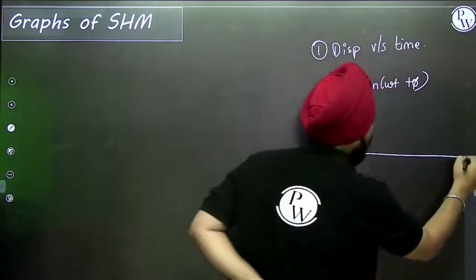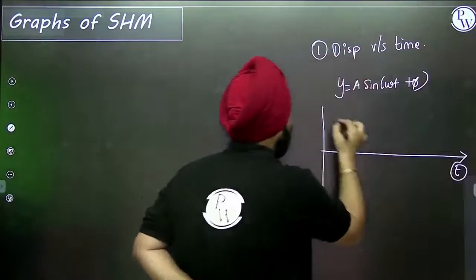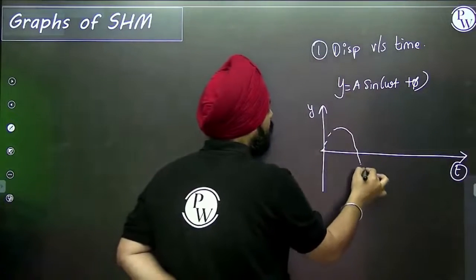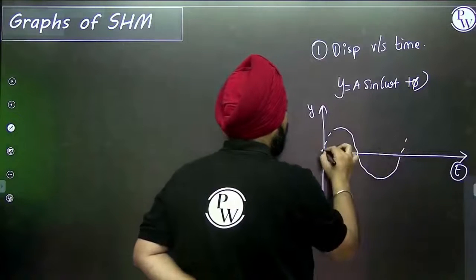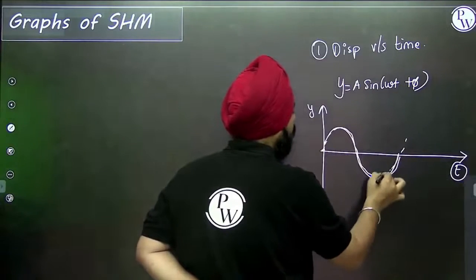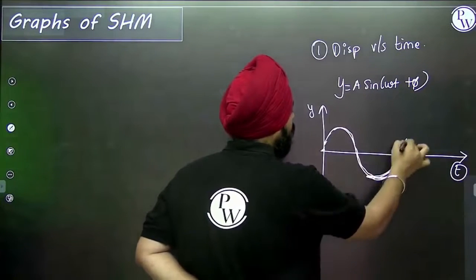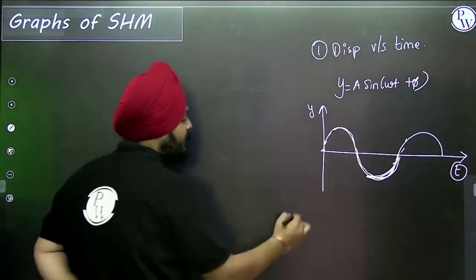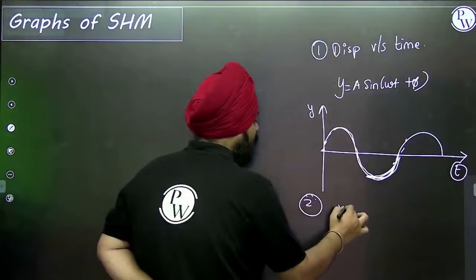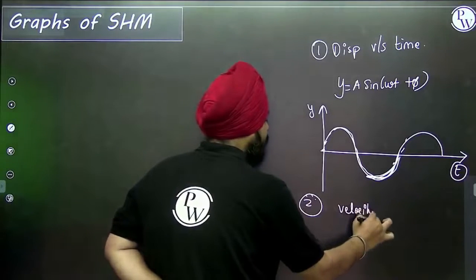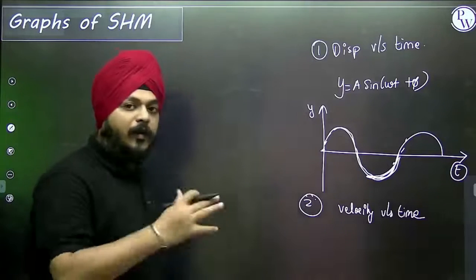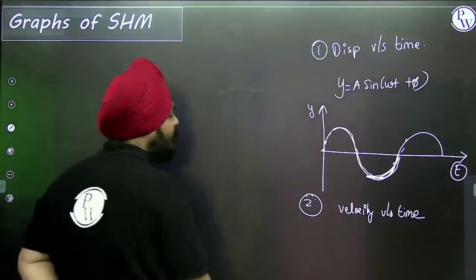This is the time, this is the displacement. This is the displacement versus time graph. Second, the velocity versus time graph.